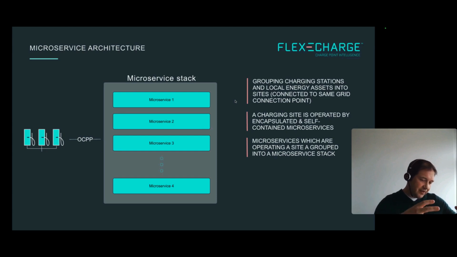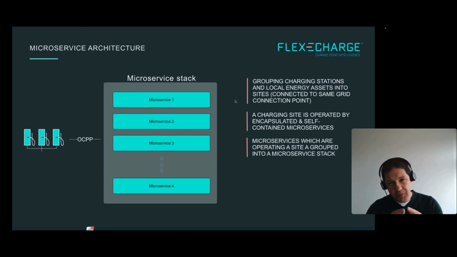One reason why we do that is to ensure we're not having a single point of failure, and secondly, to be able to provide load energy management and comply to local constraints. So we are grouping charging stations and local energy assets into sites, everything which is connected behind the same grid connection point.